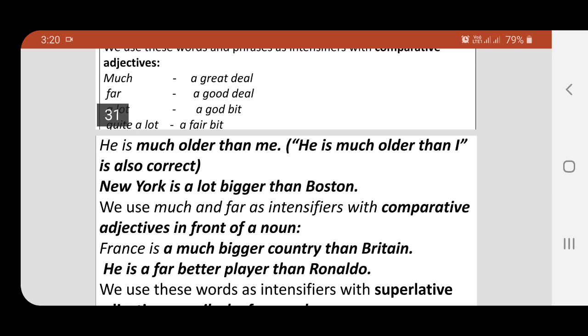We use much and far as intensifiers with comparative adjectives. New York is much bigger than Boston. This brand is much costlier than the other brands. So much and far are used as intensifiers when we have comparative adjectives in front of a noun.